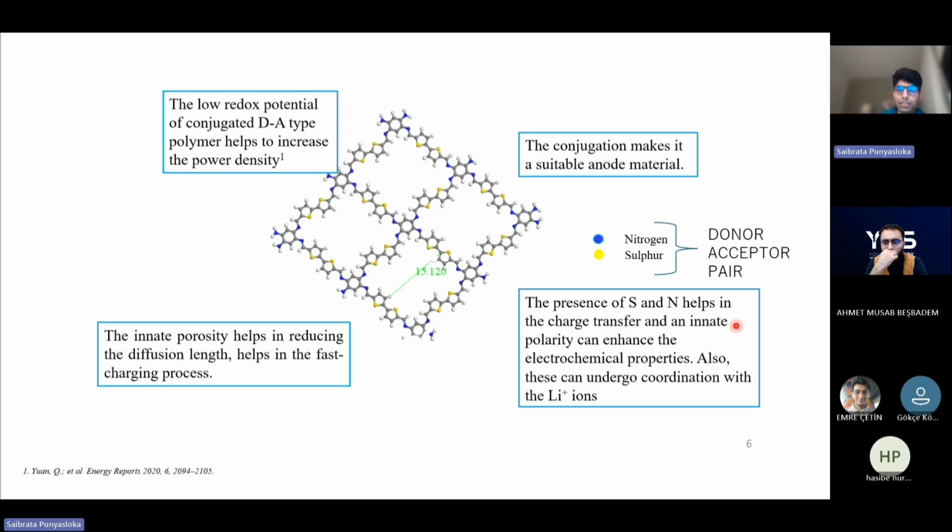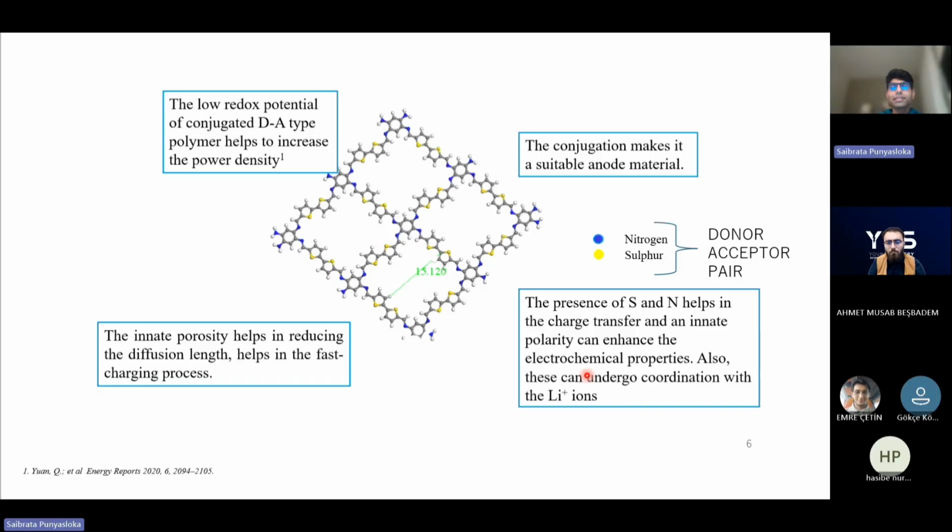And on top of it, because I have sulfur and nitrogen, nitrogen has a lone pair, and sulfur also has electrons available with it. Those can actually bind with the incoming lithium, because remember, incoming lithium is more like Li+, so it doesn't have any electrons in its shell.